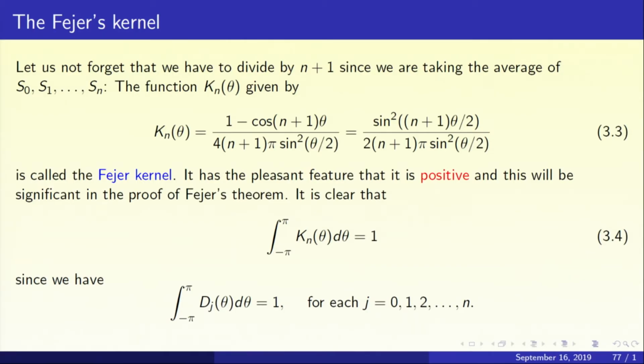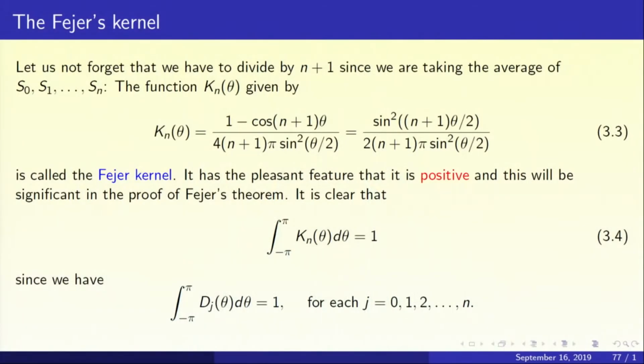Because every one of the terms integrates to 1 from minus pi to pi. So the averages will integrate to 1. So because the integral from minus pi to pi of dj theta d theta is 1 for each j, the integral from minus pi to pi of kn theta d theta equals 1, equation 3.4 in the slide.